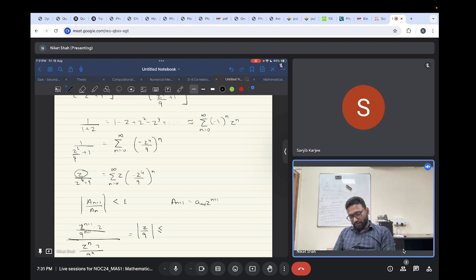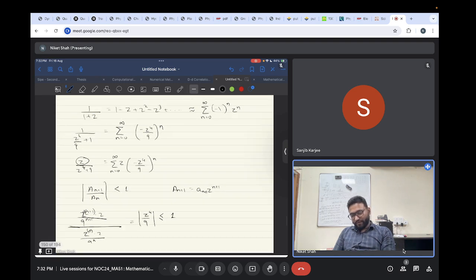No, no, this is 4 into n plus 1, 4 into n. So I get z power 4 outside. What I get is z power 4 by 9 has to be less than or equal to 1. So therefore, mod z power 4 has to be less than or equal to 9. z square has to be less than or equal to 3.